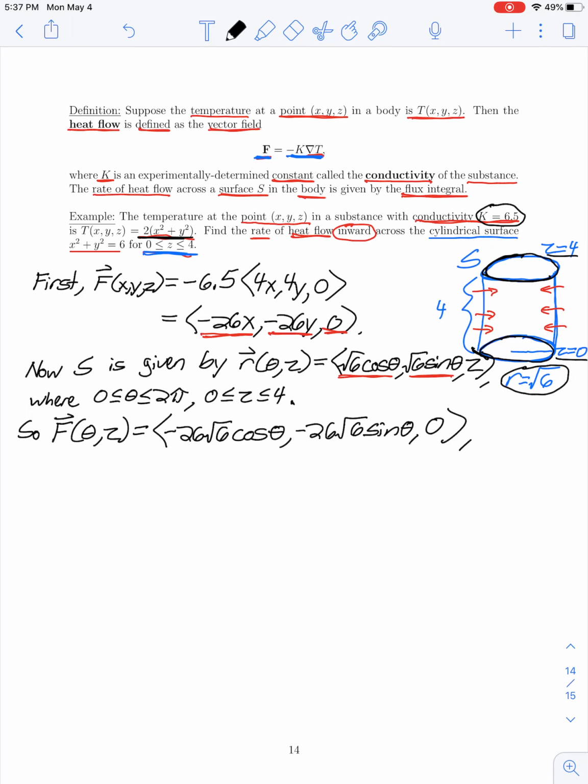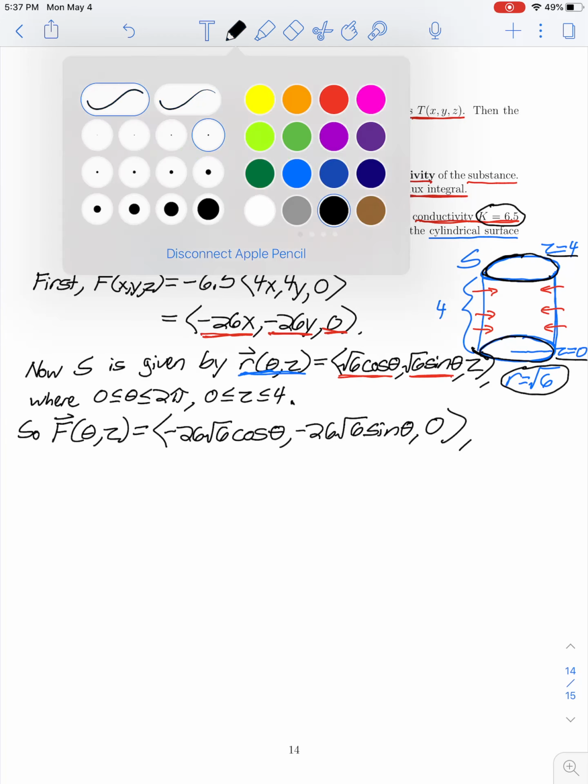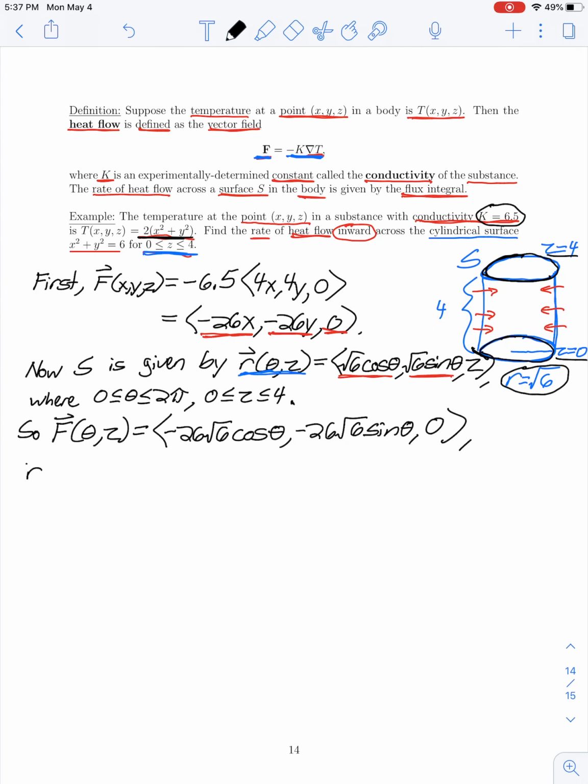Now we also need to calculate the partial derivatives of our vector function r of theta and z, with respect to theta and z. So let's look first at r sub theta.